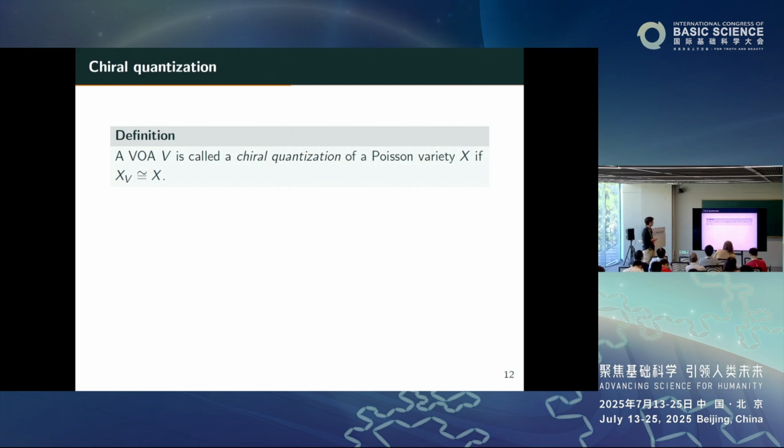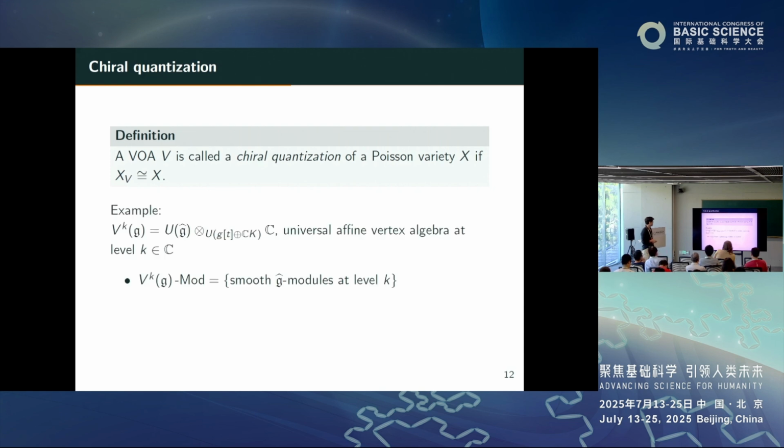I didn't define vertex algebra and associated variety, but the associated variety of a vertex algebra is a classical object associated with the vertex algebra. We call a vertex algebra a chiral quantization of a Poisson variety if its associated variety is isomorphic to this one.